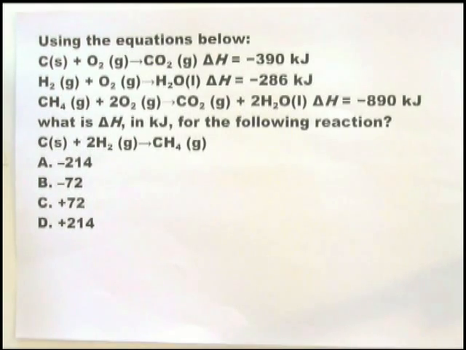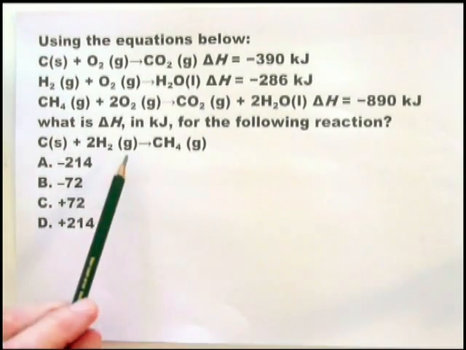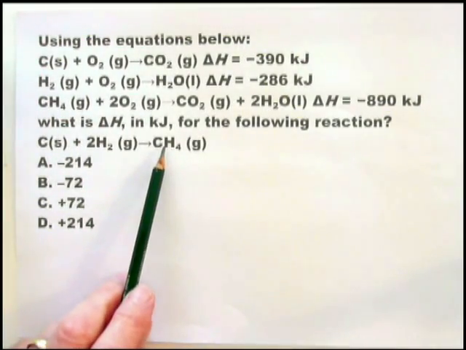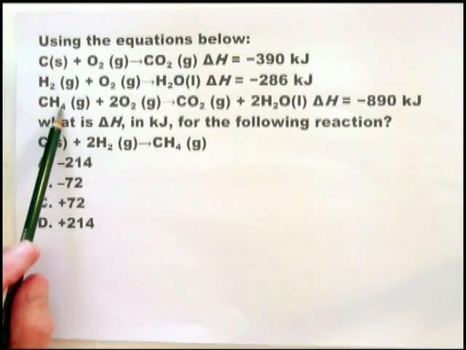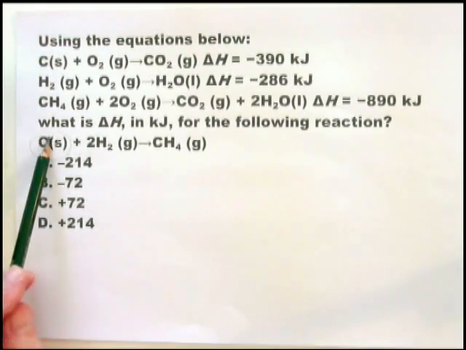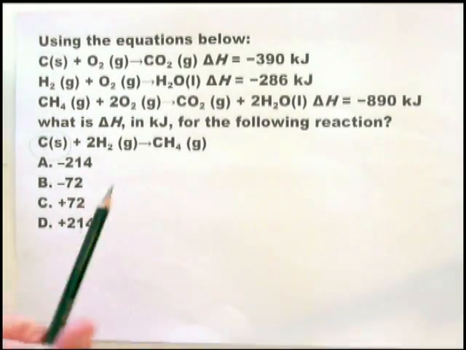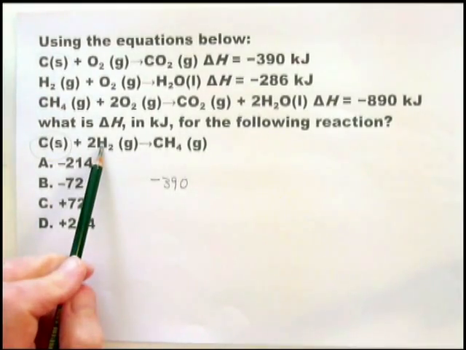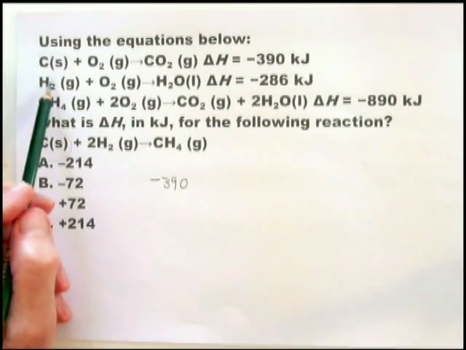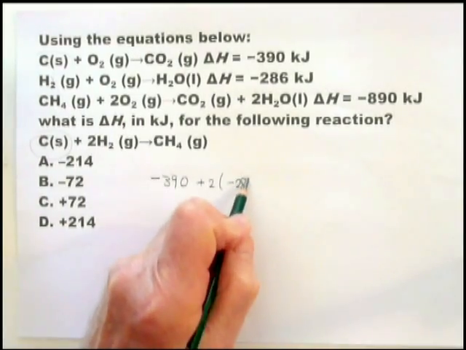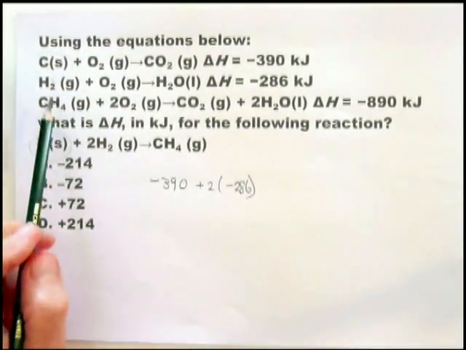Okay, there's a lot of information in this question. It does take you time to read it, but essentially you're trying to determine the delta H for this equation, and you're given these three other pieces of information. The way to look at it is, okay, see there, so I'll add that equation in, so minus 390, that is 2H2, I'll add two of those equations in, plus 2 times minus 286, and then there's this one.